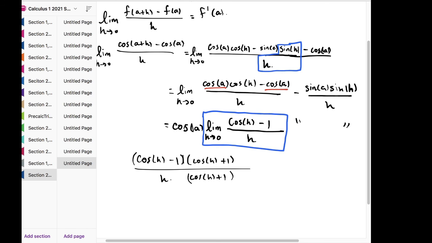Okay, so that makes you cosine squared of h minus 1.